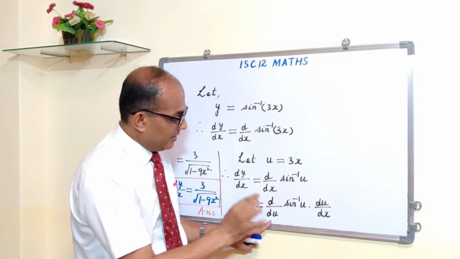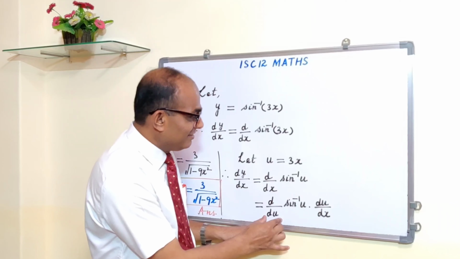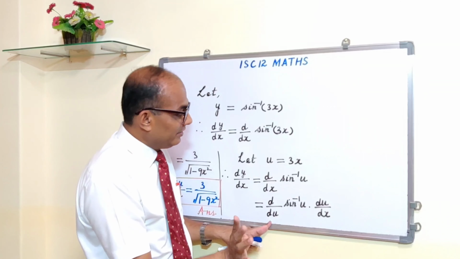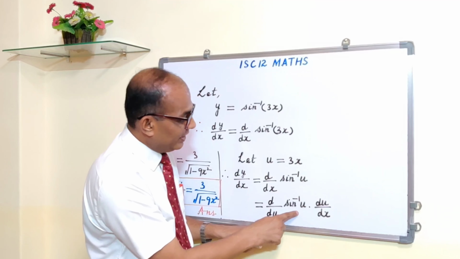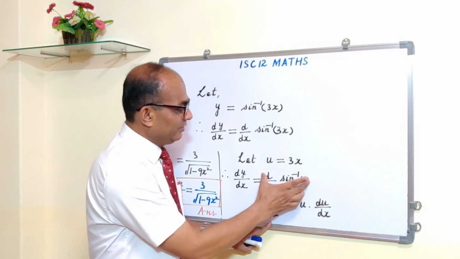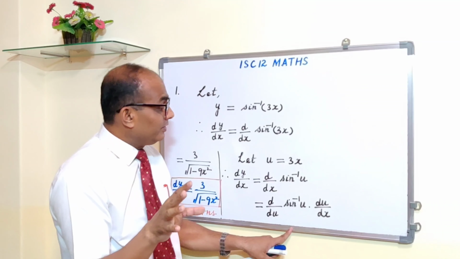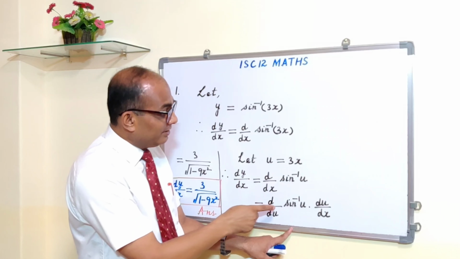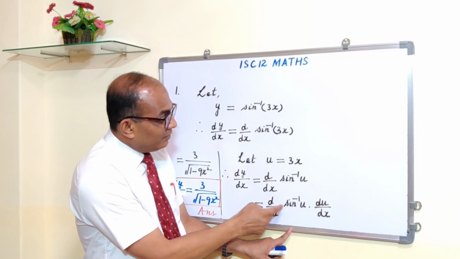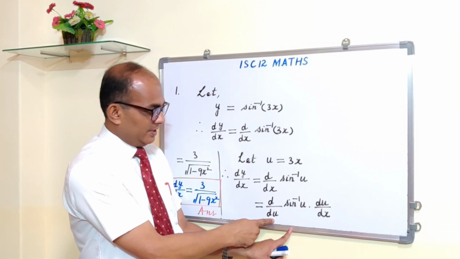Suppose du which is in the denominator cancels this du which is in the numerator, then we are left with d dx of sine inverse u. That means we can write down this like this. Now the question is, why are we doing that? Because now we are going to differentiate a function in u with respect to u.